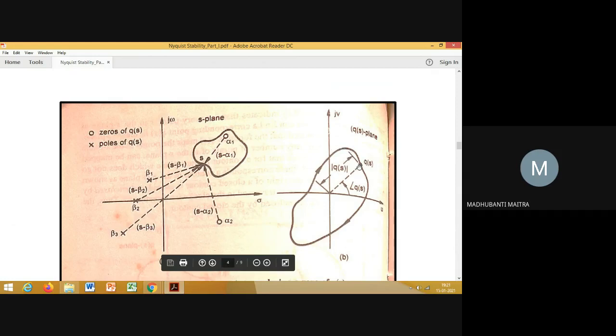We are not interested in the exact shape of the QS contour, but it's clear that since delta QS is minus 2 pi, the QS phasor will rotate like this, and in the process it will enclose the origin of the QS plane once in the clockwise direction, as delta QS is minus 2 pi.